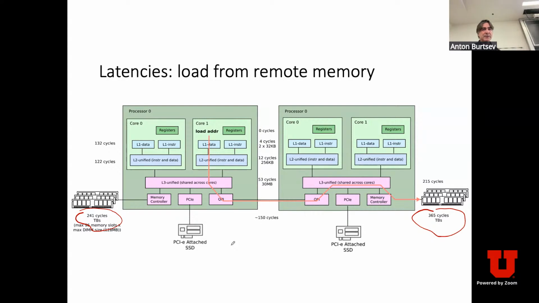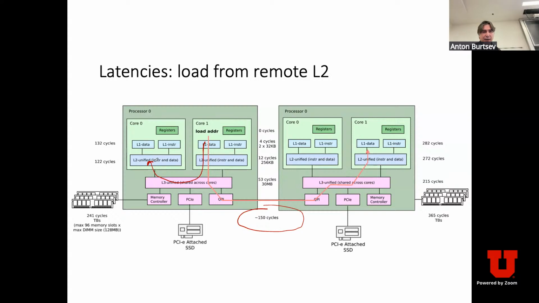Similarly, if you're trying to reach the caches of remote cores, it will cost you something: roughly plus 150 cycles compared to accessing those caches locally, right?